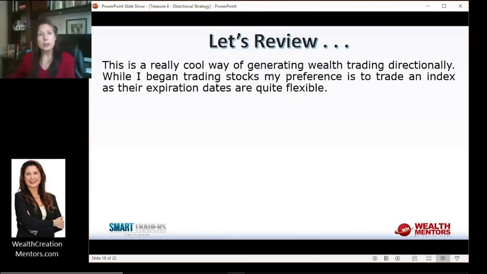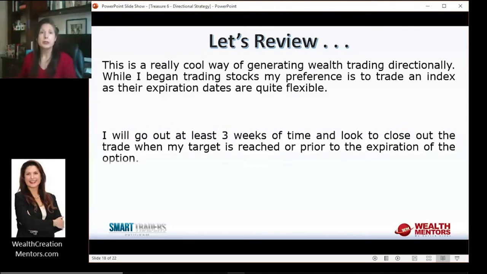But for me, I started with stocks, but I think that trading an index for you initially may make better sense because you don't have all those other elements to deal with. Make your money first, then if you're inclined to trade a stock, you can do so. And if an analyst comes out and says, we don't like that stock, and the stock opens lower and you're in a call option, then at least you now know how to protect yourself.